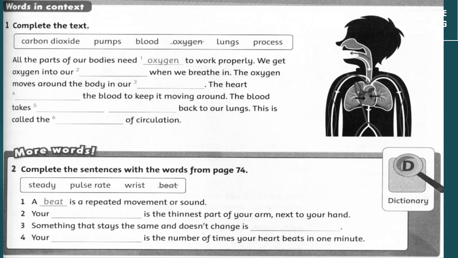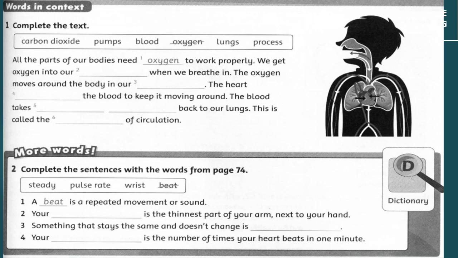Now let me elaborate or explain more on that word steady. Steady basically means something that doesn't change, which says it in here. So let's put it in a sentence. If someone's condition is steady, for example, someone is sick and he's in the hospital, and he has not become any better, or any worse than before, so he has been steady.